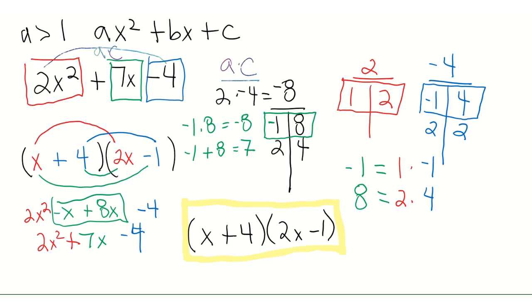Then when you factor your a and your c, when you multiply one of the a's times one of the c's, you want each of those to end up with those factors that you just found. Okay, that should be everything you need to know in order to factor trinomials.